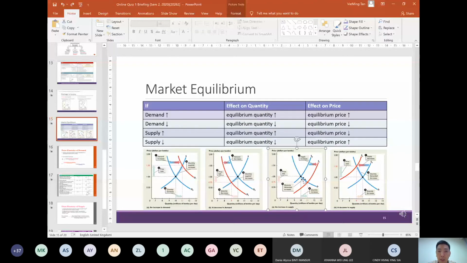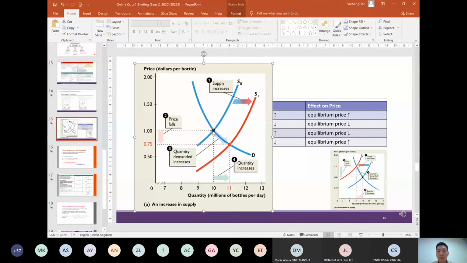The third scenario is when the supply curve shifts to the right, increasing. So assume that the original equilibrium point is here. When the supply curve shifts to the right-hand side, that means the supply curve is this line now. So where is the new equilibrium point? Yeah, the pink color.